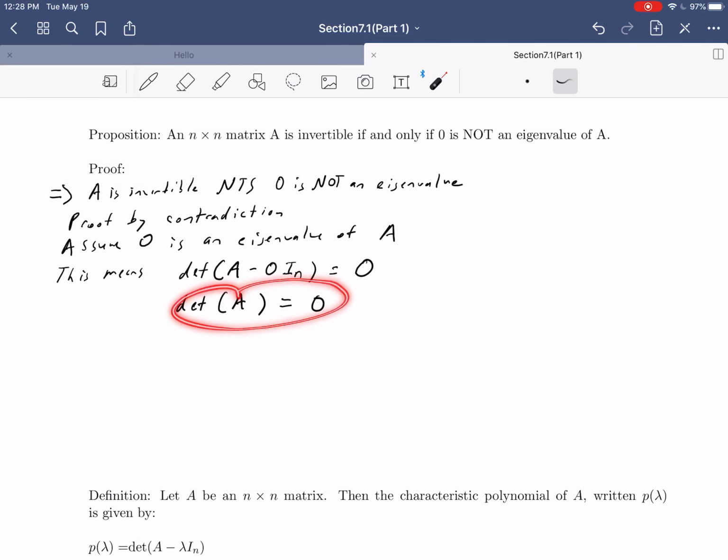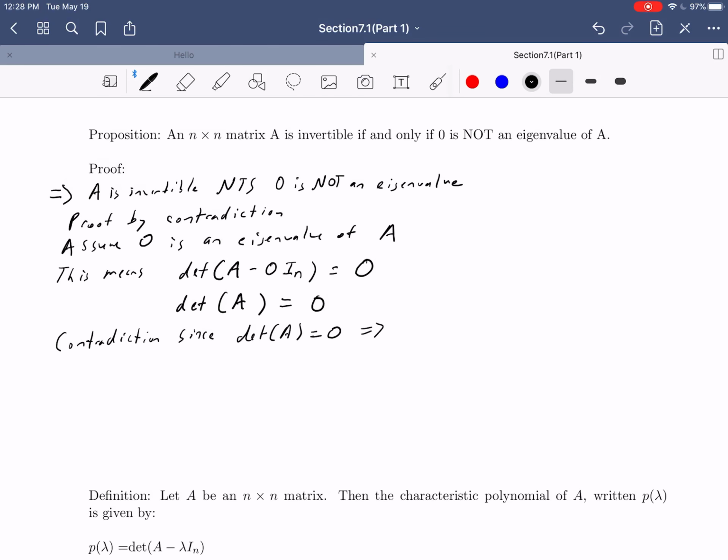And that means that the determinant of A must be equal to 0. But that's a contradiction, since determinant of A equal to 0 implies A is not invertible. Well, we assumed from the very start that A was invertible, and we got that A is not invertible, so that's our contradiction. So 0 must not be an eigenvalue of A.